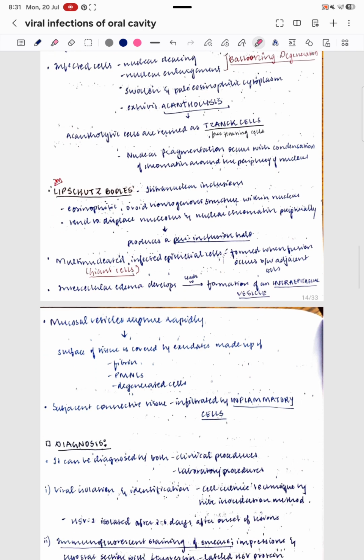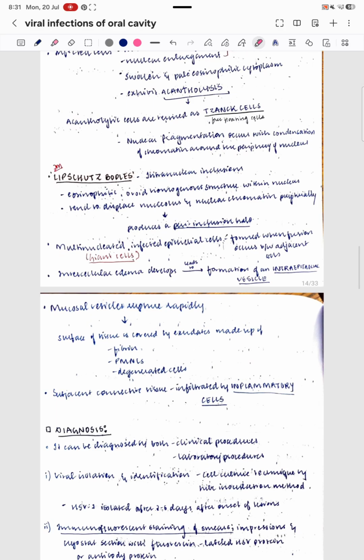Okay, now there are multinucleated infected epithelial cells, formed when fusion occurs between two adjacent cells. Again, the same thing is happening, that there are multinucleated cells. These are infected epithelial giant cells, formed when fusion occurs between the adjacent cells.